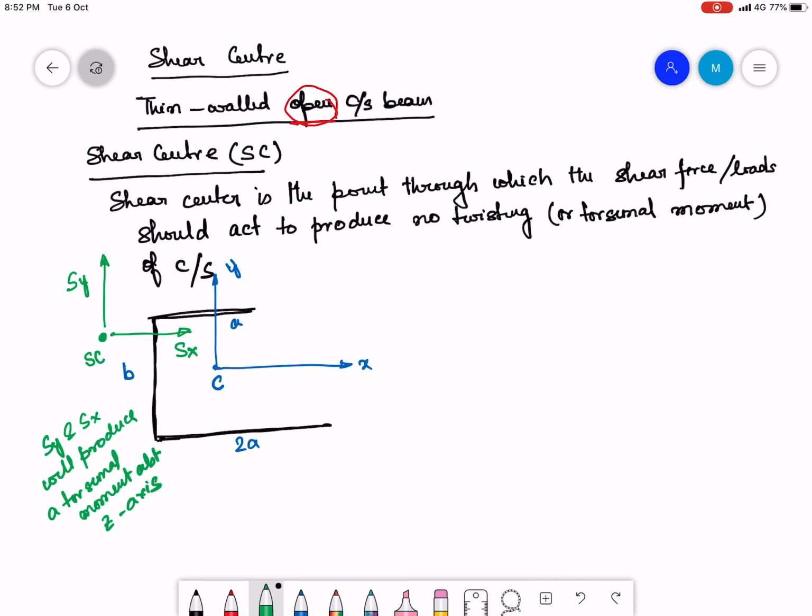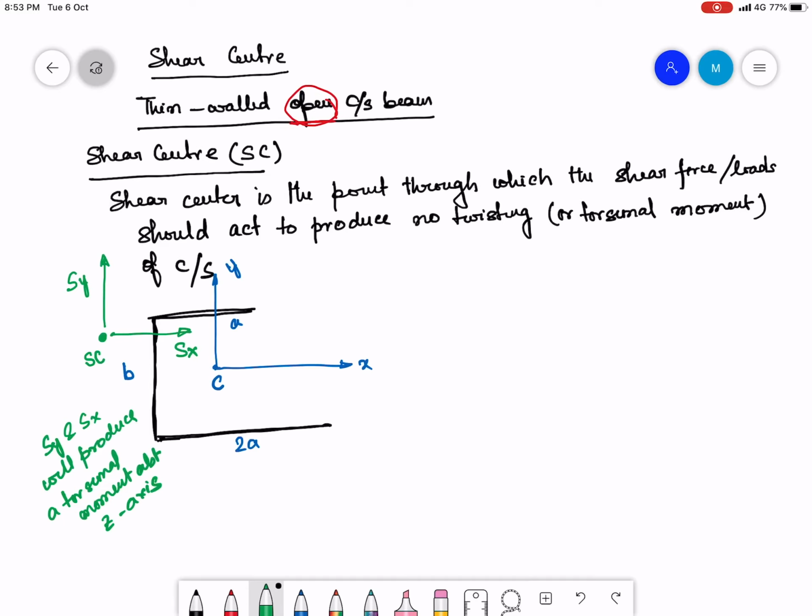So how is this possible? This is possible because the moment produced about z axis by Sy and Sx will be perfectly balanced by the internal shear stress distribution in the cross section or the internal shear flow. Shear stress of course is going to produce shear flow.